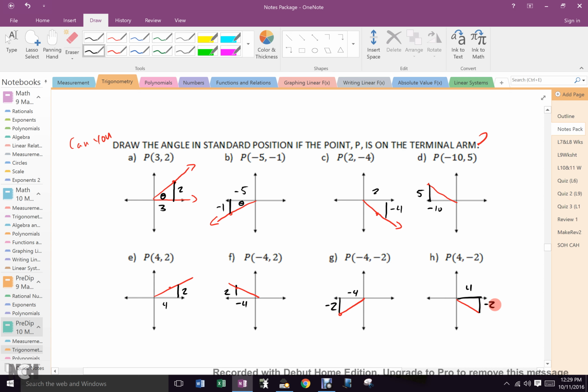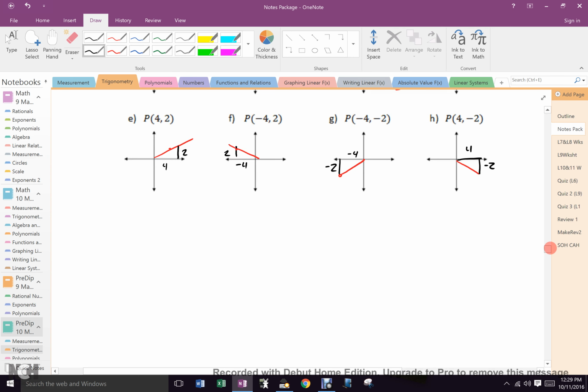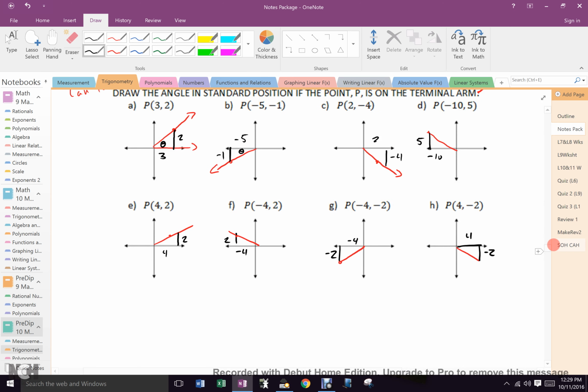What does that tell you about the relationship between coordinates and tangent? What do you already know about tangent? It's opposite over adjacent. Agreed? Everyone agrees? Okay.